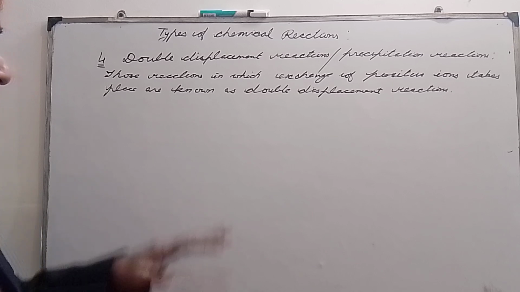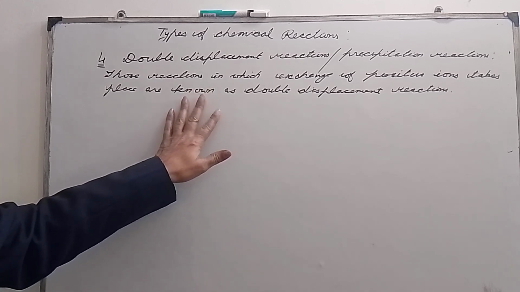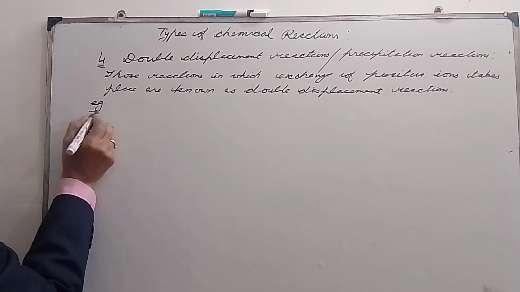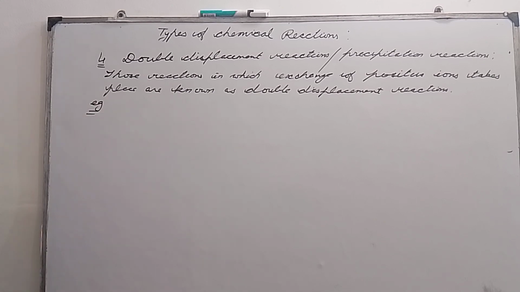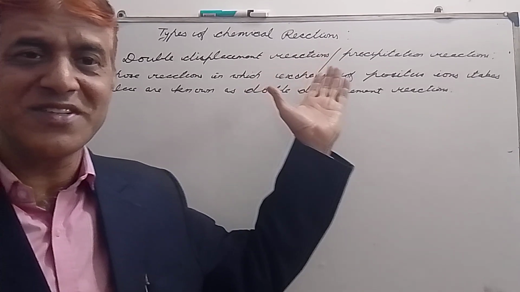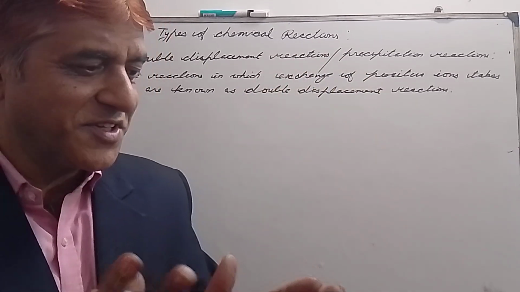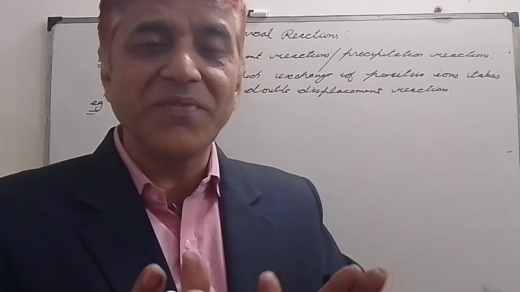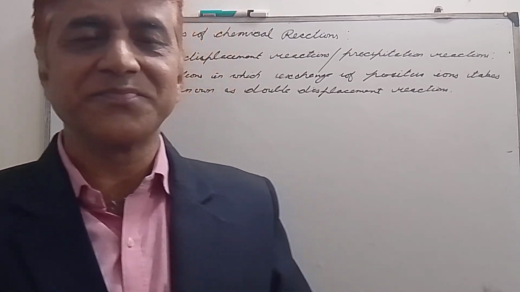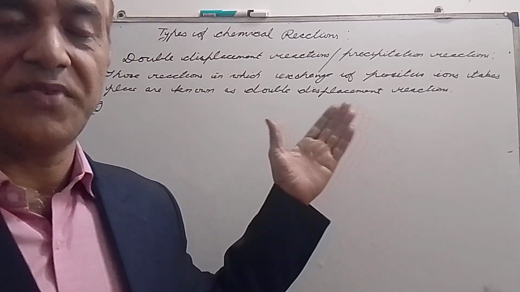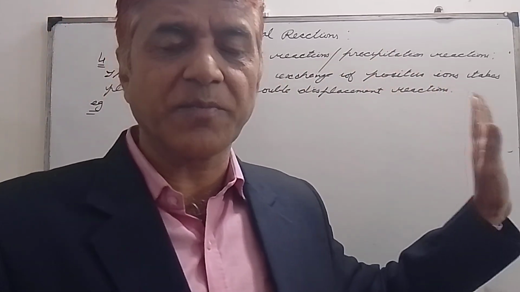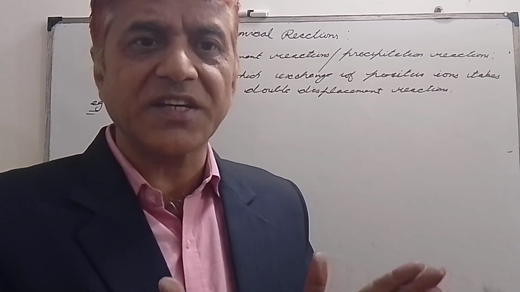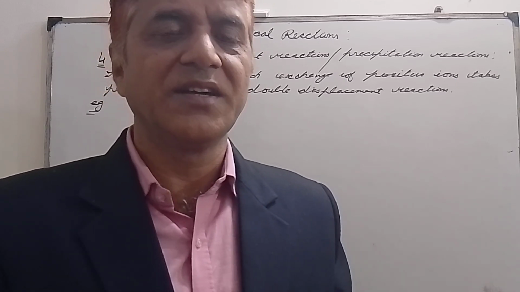Let's understand double displacement reactions through some examples. When we talk about ions, it means that the chemicals we take in these reactions will be ionic compounds. Obviously, when exchange of ions takes place, the chemicals we take in this reaction will be ionic.